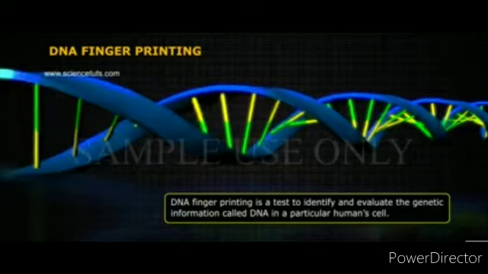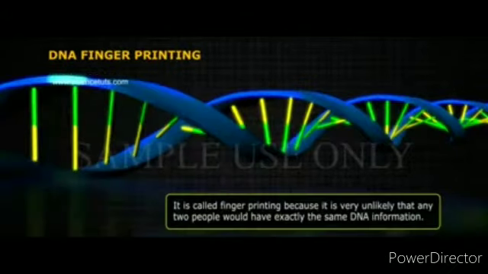It is a test to identify and evaluate the genetic information called DNA in a particular human cell. It is called fingerprinting because it is very unlikely that any two people would have exactly the same DNA information.